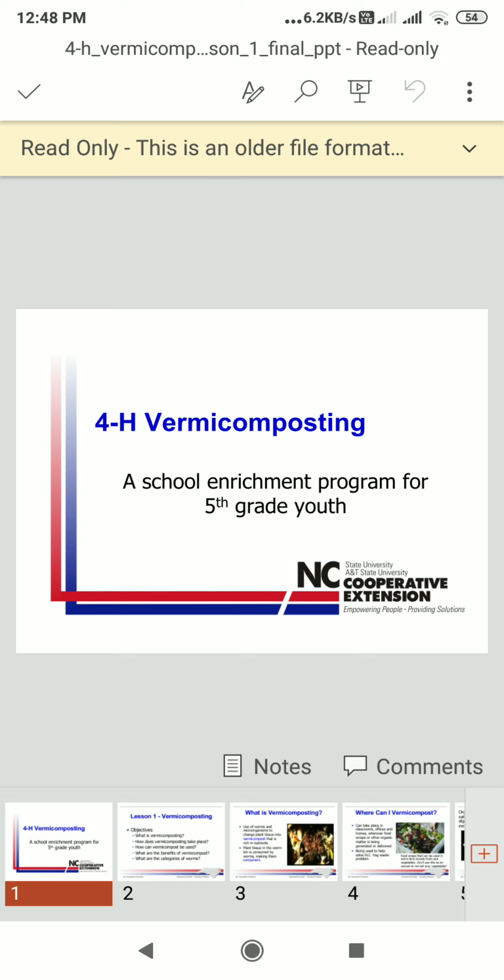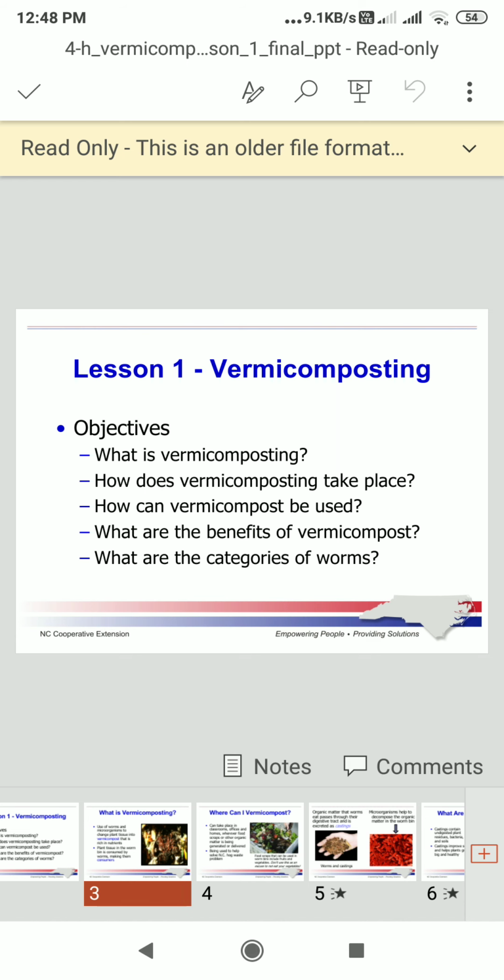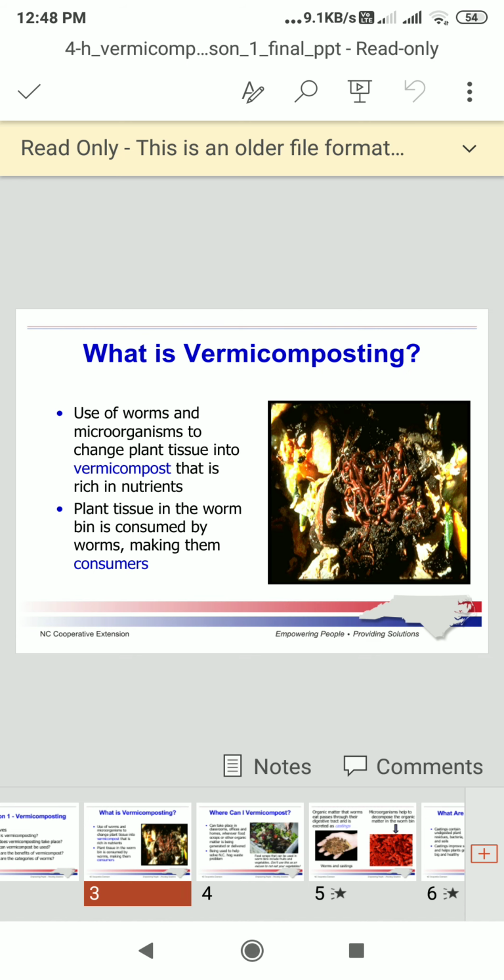So vermicomposting embraces enzymatic degradation of organic matter as it passes through the digestive system of the worms. The objectives are: how decomposition takes place, how vermicomposting is done, how vermicompost can be used, benefits of vermicompost and categories of worms.